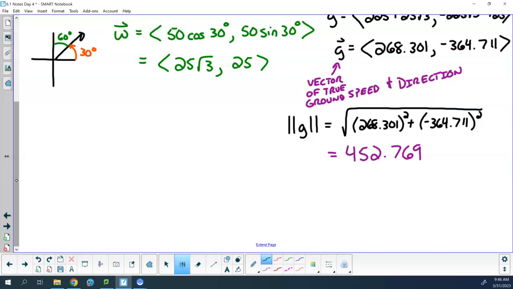Because we're in quadrant 4, we're not in quadrant 1. Follow-up question: what do I do with the negative sign on the 364.711?